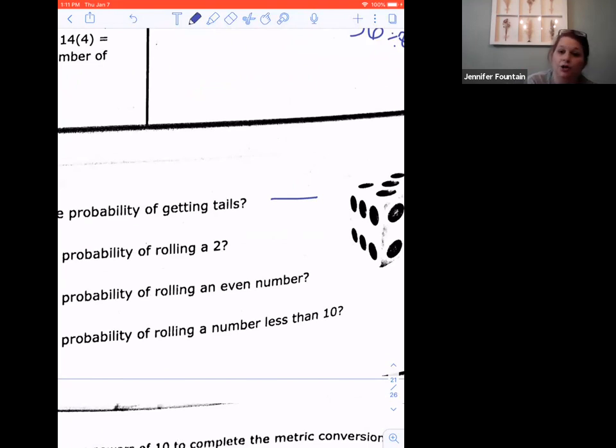My denominator, I've got my total possibilities. So when I'm flipping a coin, how many possibilities do I have? I can either get heads or tails, right? So I only have 2 possible outcomes. So that goes in my denominator.